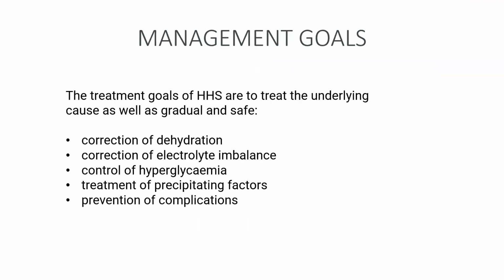The management goals of HHS are almost the same as DKA, whereby we have to correct the dehydration, correct the electrolyte imbalance, control the sugar, treat the precipitating factors, and prevent the complications.